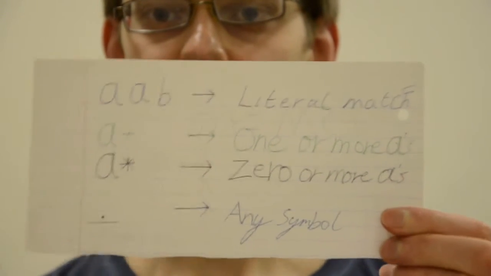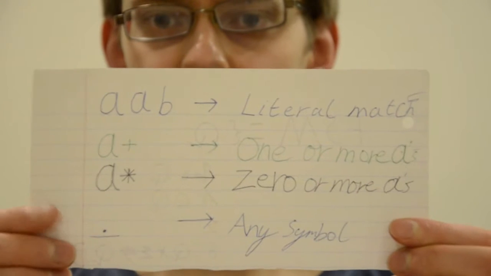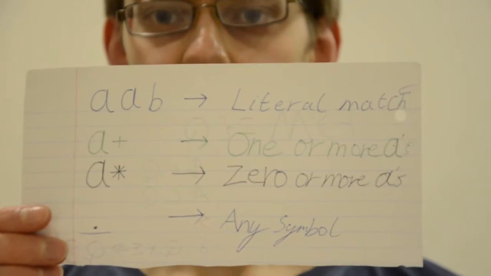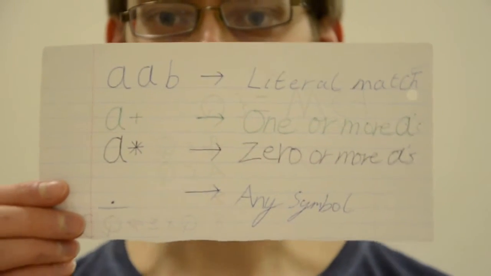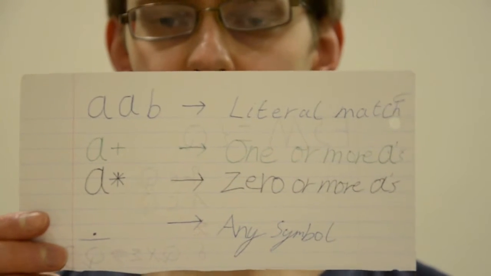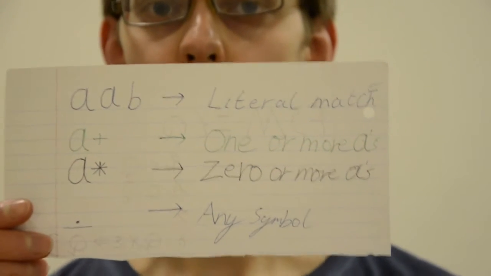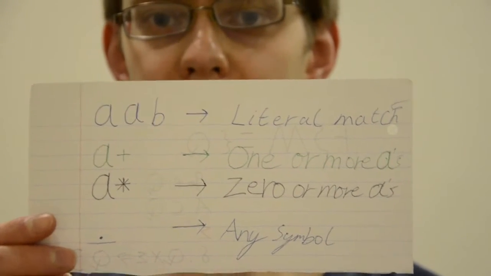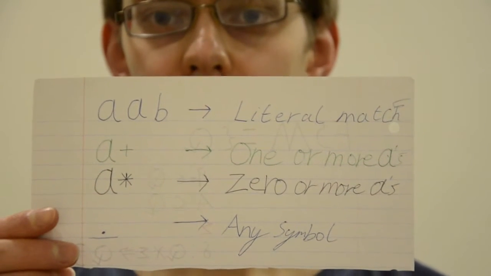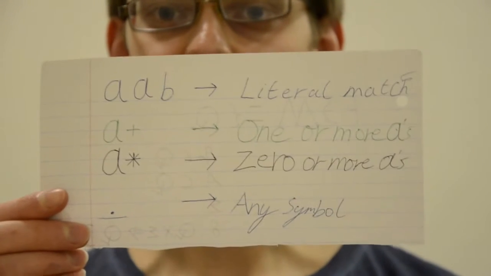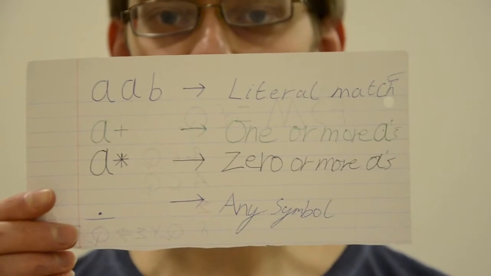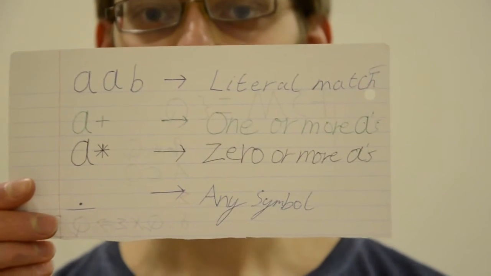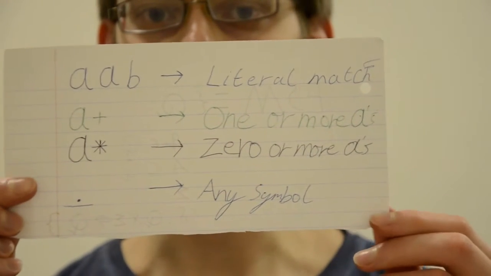Then we start to get some ambiguity and some possibility for recursion with the plus postfix symbol, which we're interpreting as meaning one or more repetitions of the symbol preceding it, and the star, which is zero or more, and then just the dot, which will be any symbol.